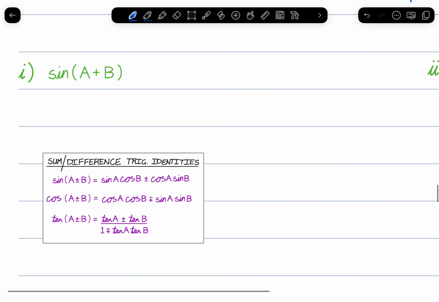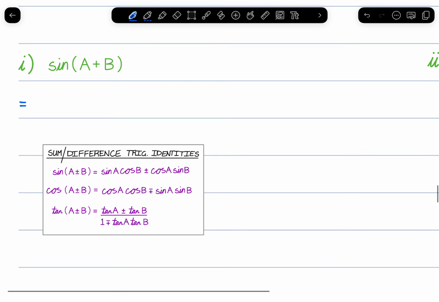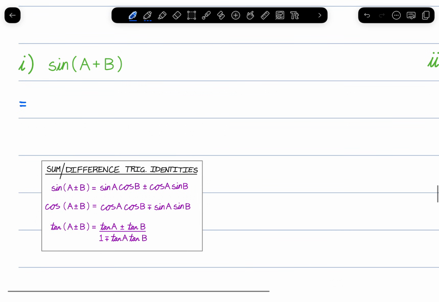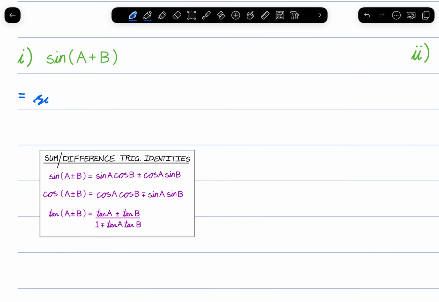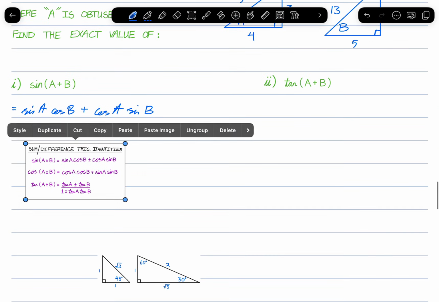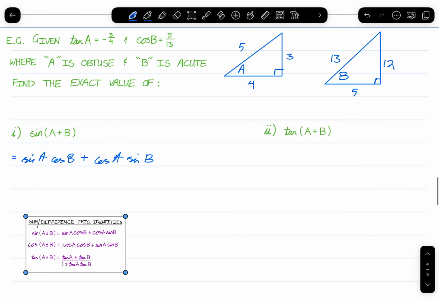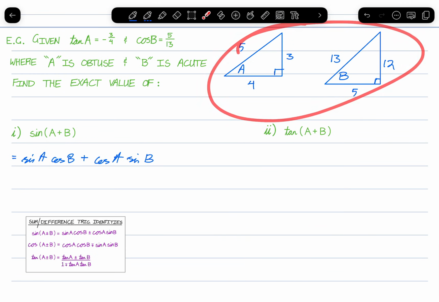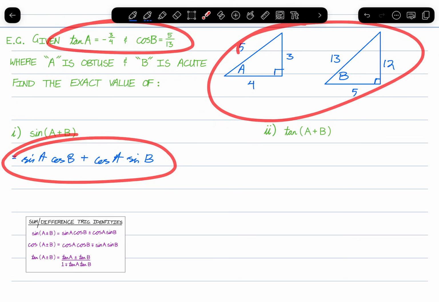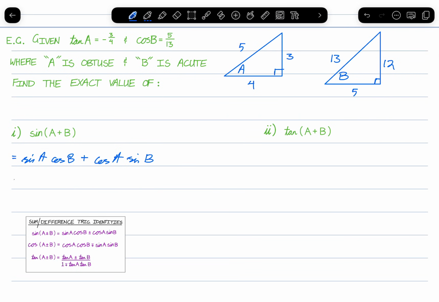So sine of A plus B, well, this is going to be sine A cos B plus cos A sine B. Well, from that, we can now use this triangle based off the information to solve these exact ratios.